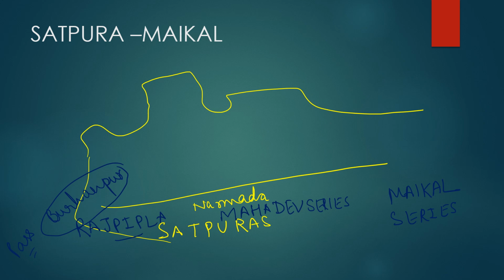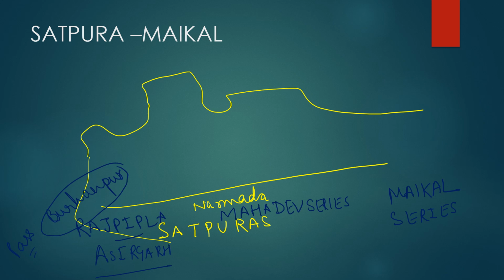So the pass is Burhanpur Pass. This is the gateway to the south from MP. Some hills like Barwani, Bijagarh are also present. We have a fort also, Asirgarh Fort. This Asirgarh Fort is present in Rajpipla. It's a very famous fort, very famous hill stations are also there, and passes are present in the Rajpipla.